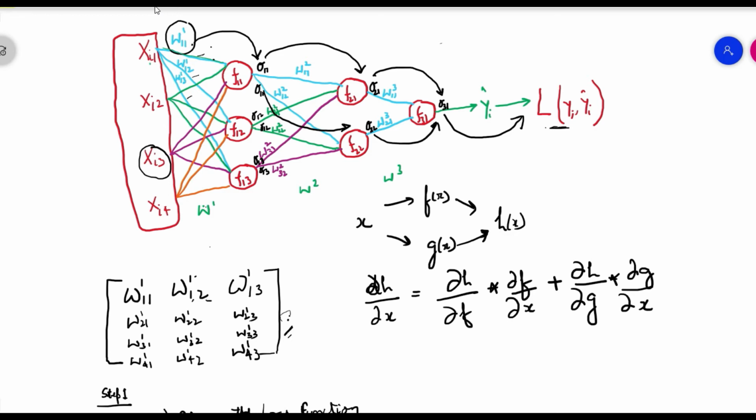So there, because there are two components that are meeting at h and both of these functions have been split out of x, then the rate of change of h with respect to x will be given by the rate of change of h with respect to f, that is this term, multiplied by the rate of change of f with respect to x using the chain rule, plus the rate of change of h with respect to g multiplied by the rate of change of g with respect to x.